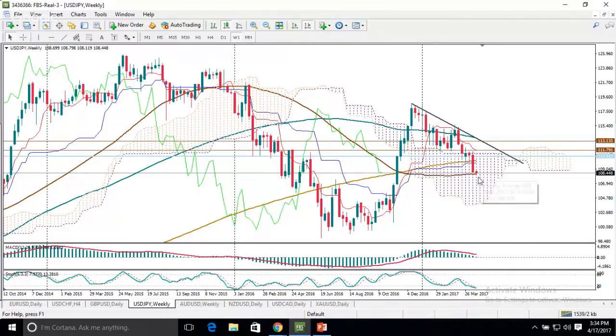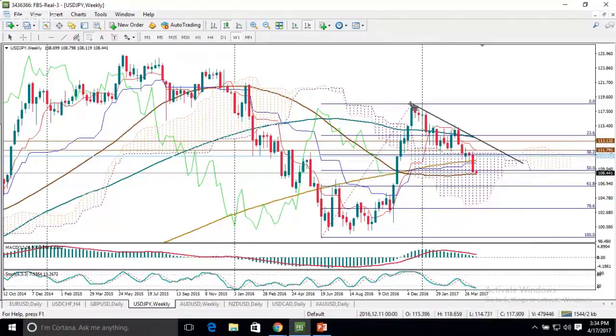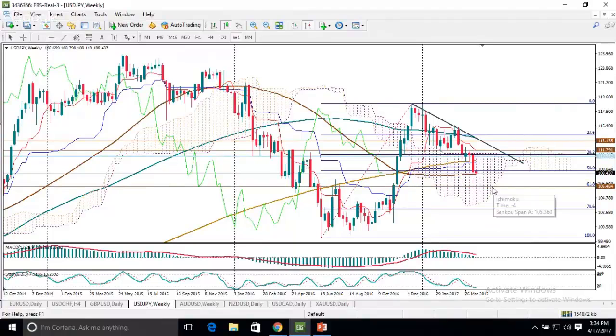This line can provide some support for the pair, but if the geopolitical tensions keep intensifying, then we'll surely see dollar yen getting much lower. The next potential stop here is the Fibonacci retracement level of 61.8%, located at the 106.50 area.